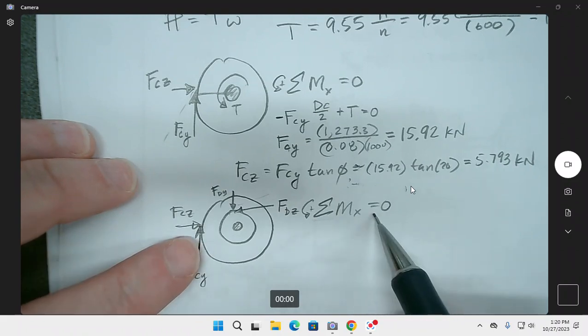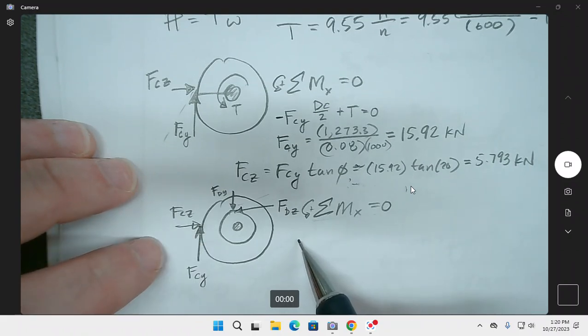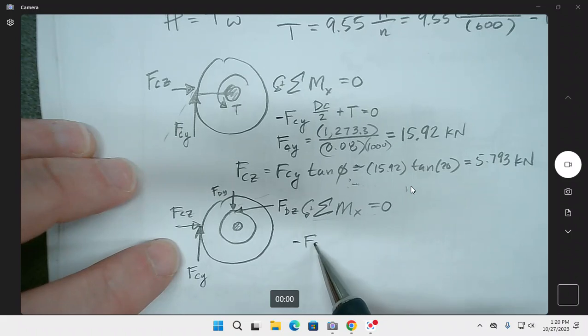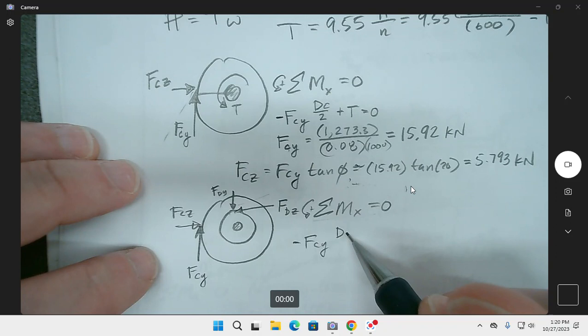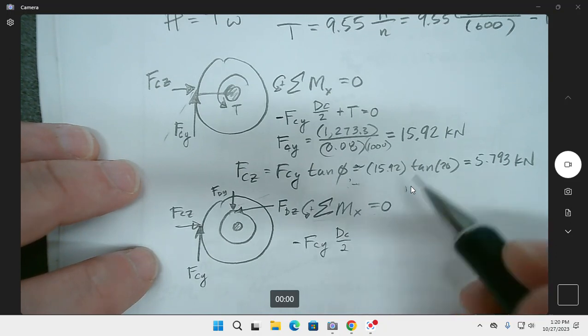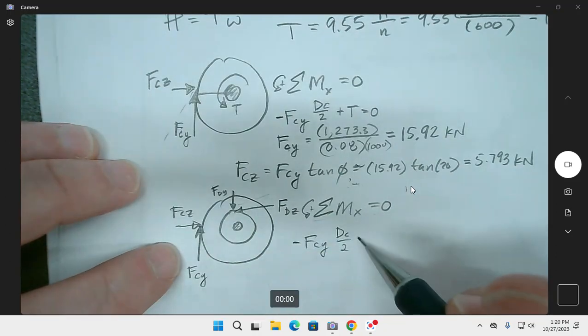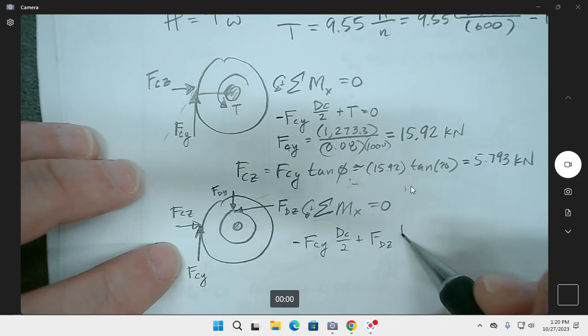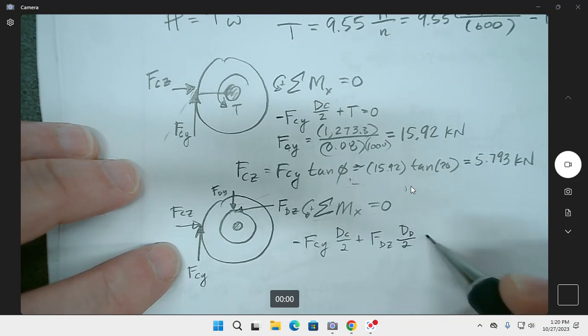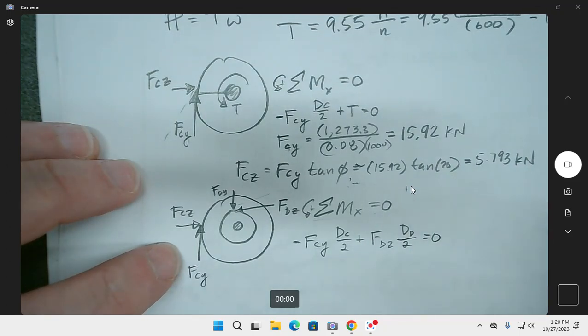And let's see, so I'm continuing on here. I'll have a minus FCY, and it's going to be DC over 2. And then plus FDZ times DD over 2. The 2's cancel out, but doesn't matter.